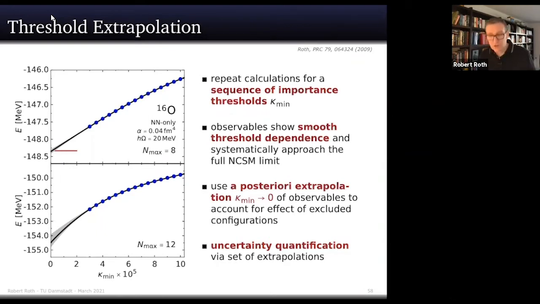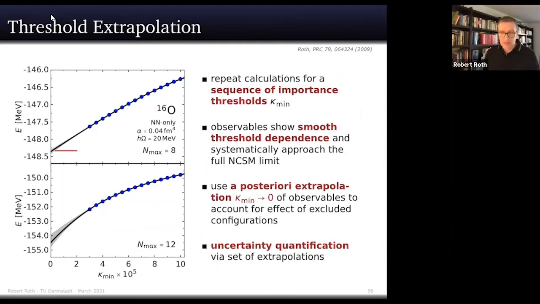You cannot really appreciate how much simpler these blue dot calculations are in comparison to this red line calculation, because I didn't show you the dimensions. But the thing is, the basis dimension of this calculation here compared to this red line full NCSM calculation, they differ by 2 orders of magnitude. So you've saved quite a bit in matrix dimension, and you don't pay much in energy and you don't pay much in accuracy. And that allows you to go further.